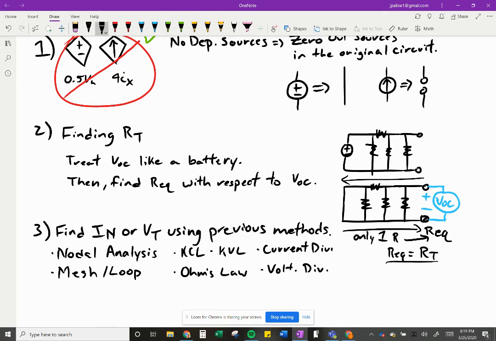The list goes on. But we're going to use all of these previous methods that we used for exam 1 to find one of these values. Okay, and we're going to see that in these problems in the following videos. So I will see you over there.